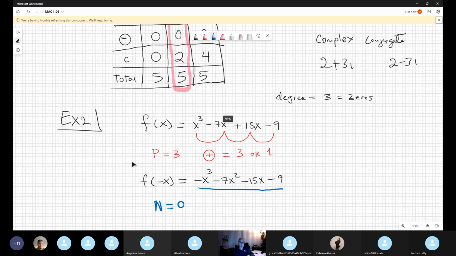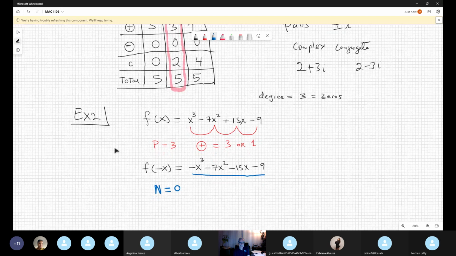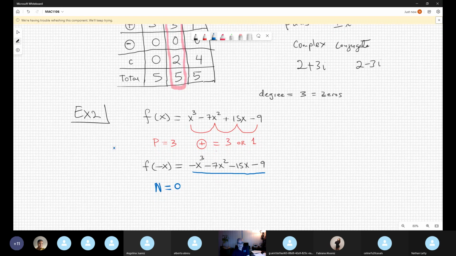Okay, now we have no real negative zeros. No, 0. Now we are ready to do the table. The table is easy. Plus, minus, complex, and total. You know that total is 3, no?